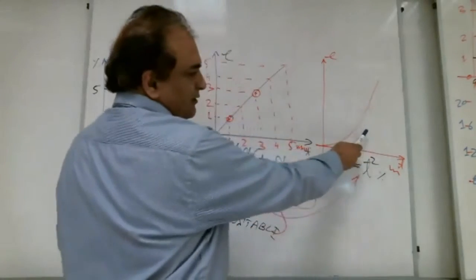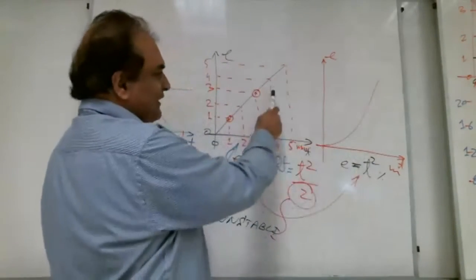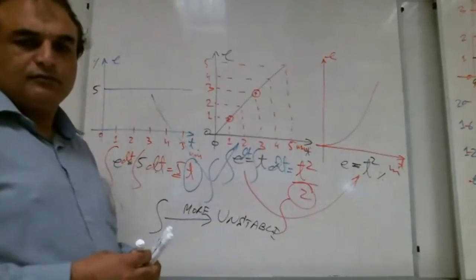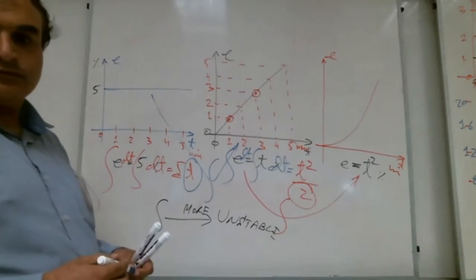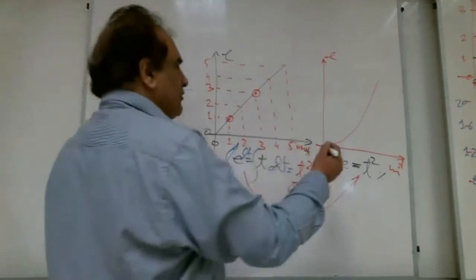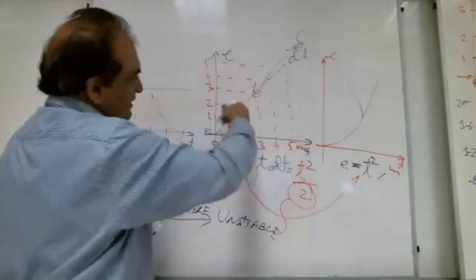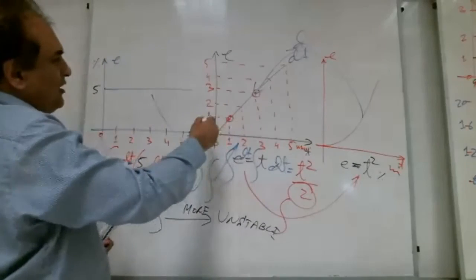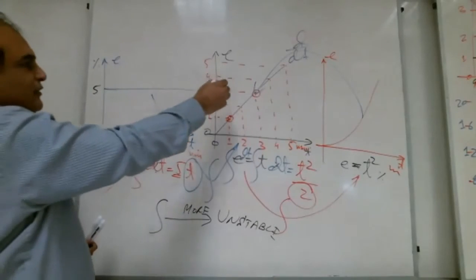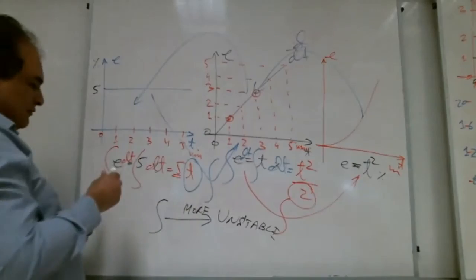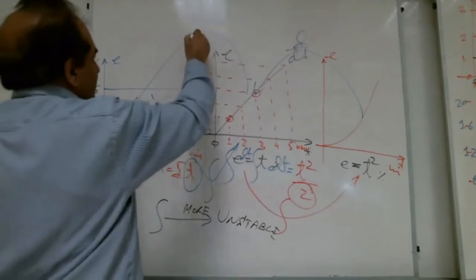T square is given. We want to bring the t. What do we need to do? Derivative. Very good. We need to do derivative. And if we are given this one, t, changing t, and we want to bring constant, what do we need to do? Again derivative.